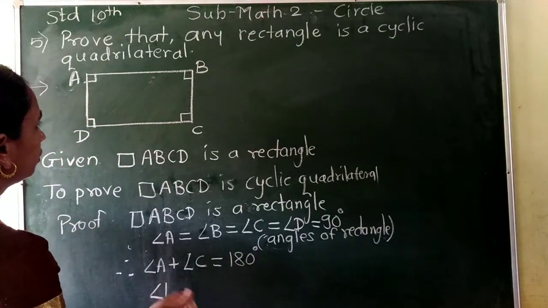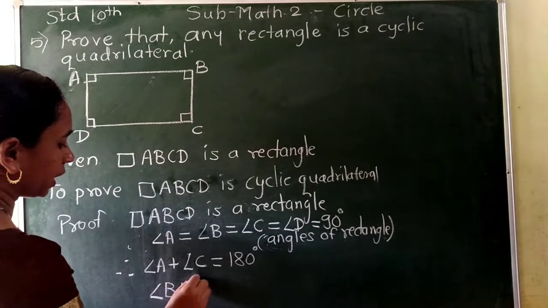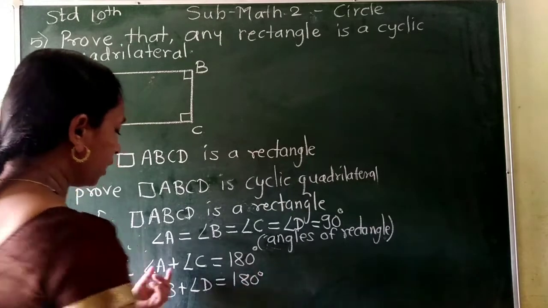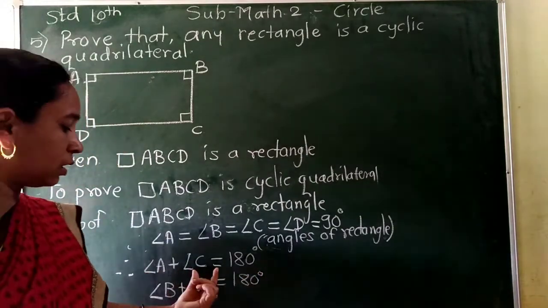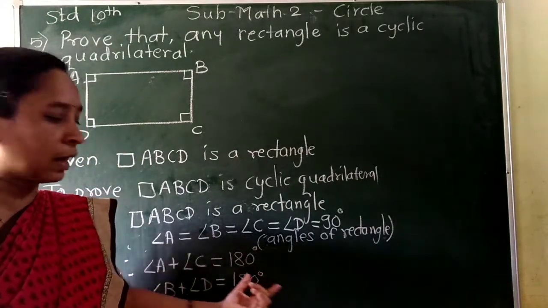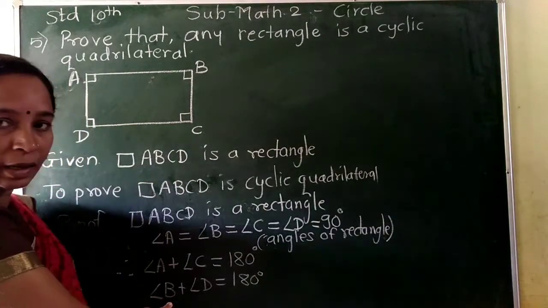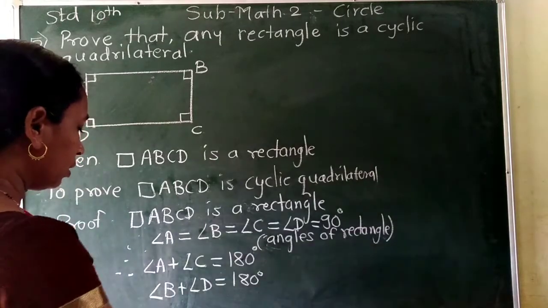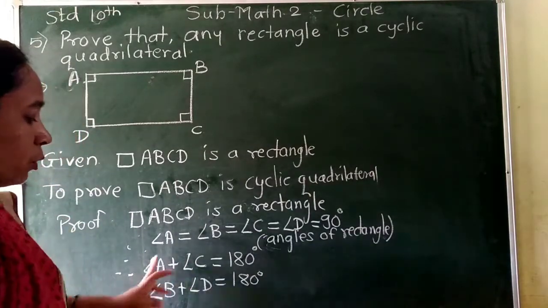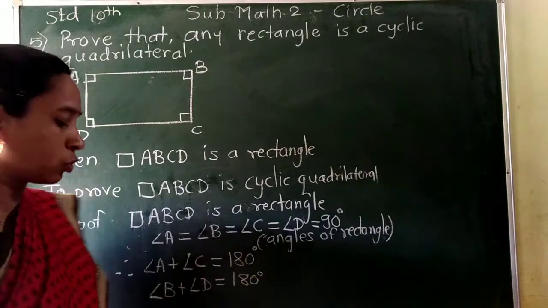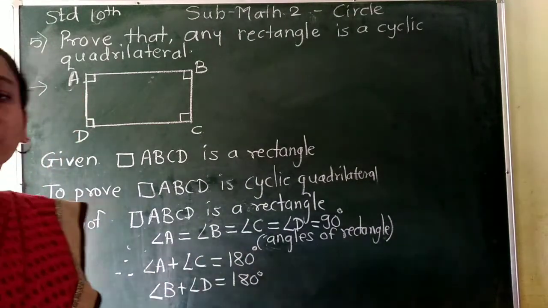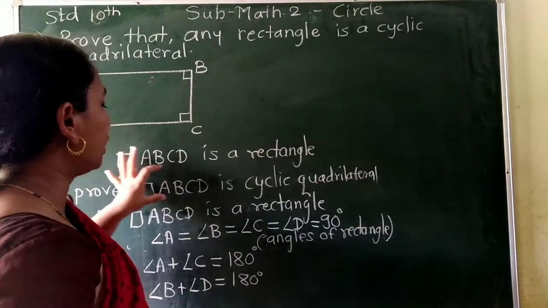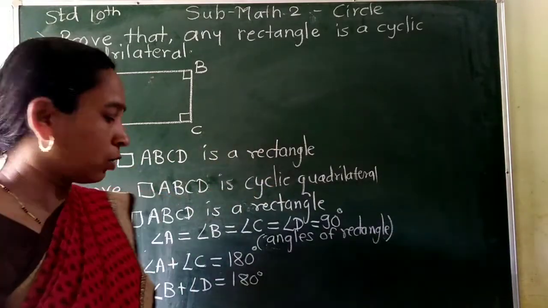Also, angle B plus angle D is equal to 180 degrees. Because angle A is 90 degrees, angle C is 90 degrees, the addition is 180. Angle B is 90 degrees, angle D is 90 degrees, their addition is 180 degrees. So if these opposite angles are supplementary, by the converse of the cyclic quadrilateral theorem, we can say that quadrilateral ABCD is a cyclic quadrilateral.